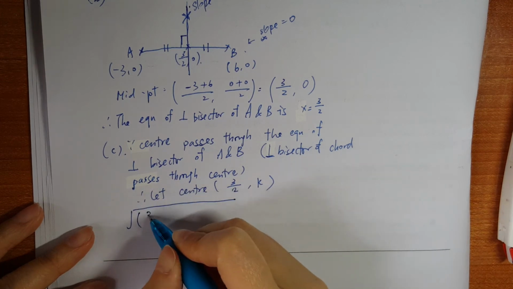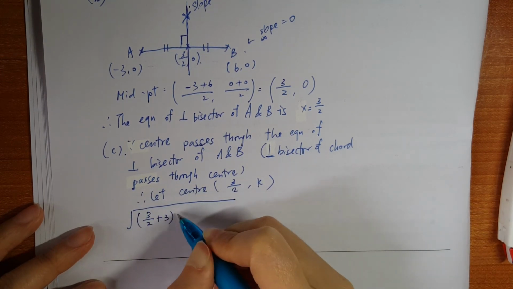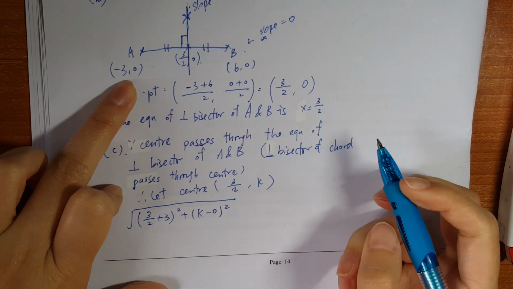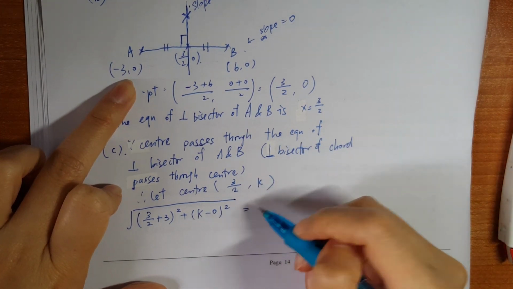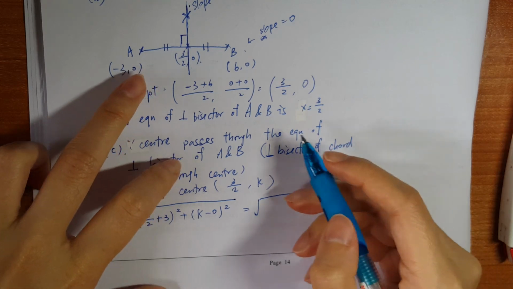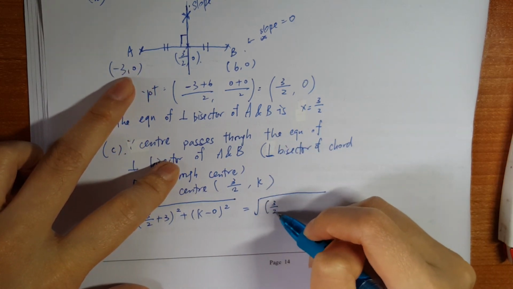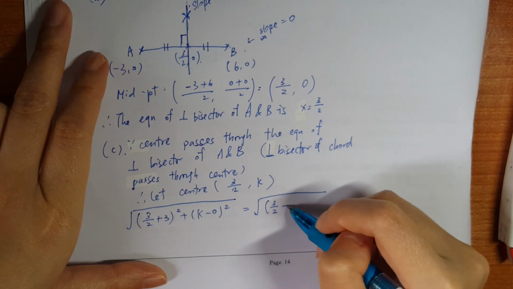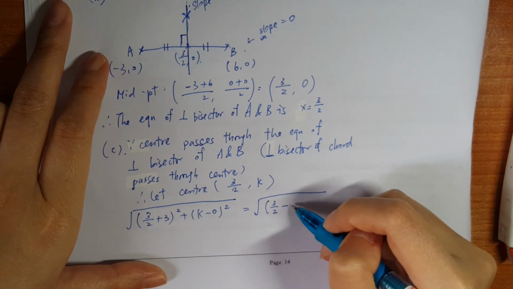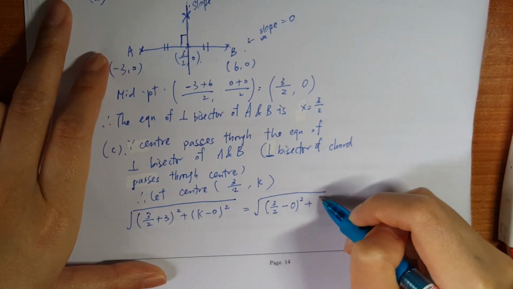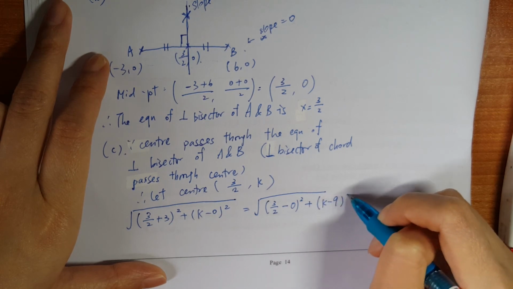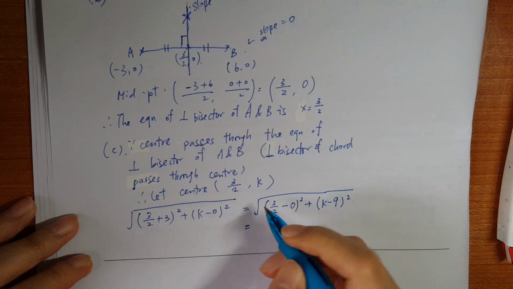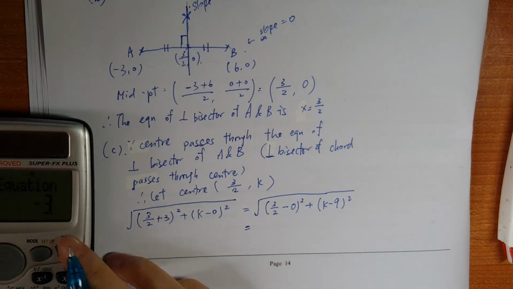3/2 plus 3 square plus k minus 0 square, would be equals to 3 over 2, this time using the point 0, 9, minus 0 square plus k minus 9 square. Okay, so I need my calculator.